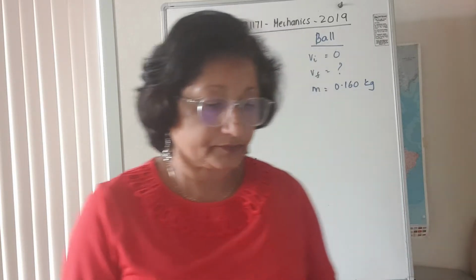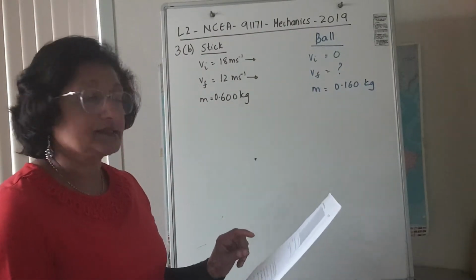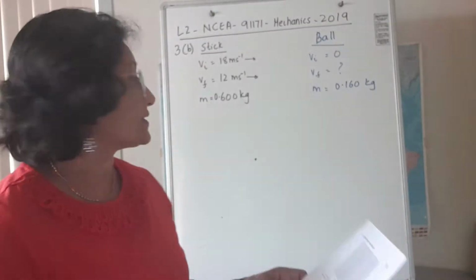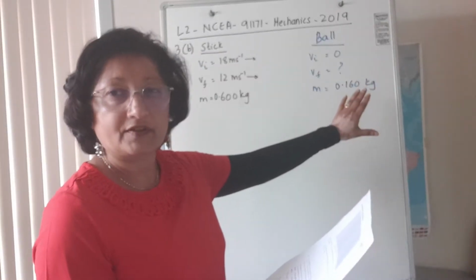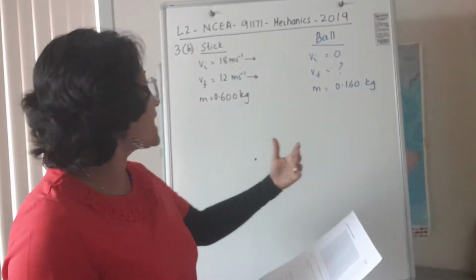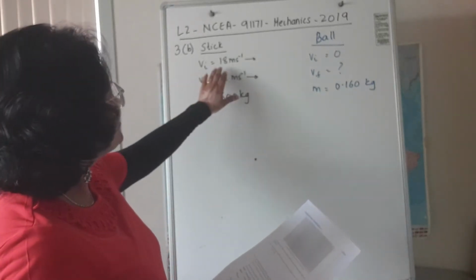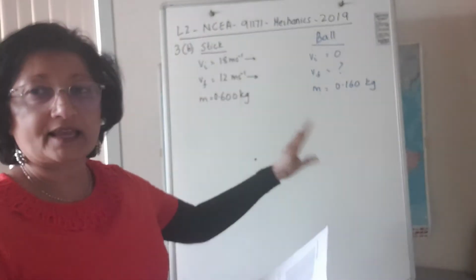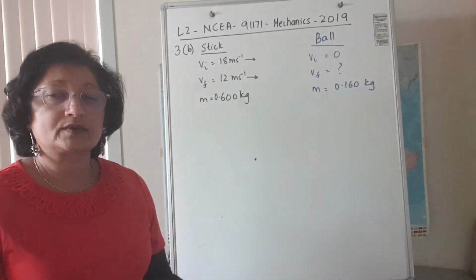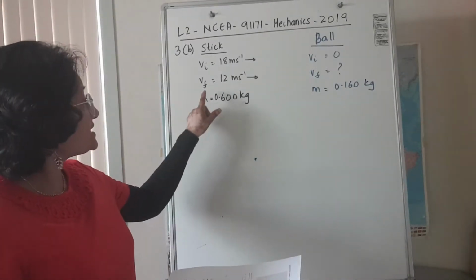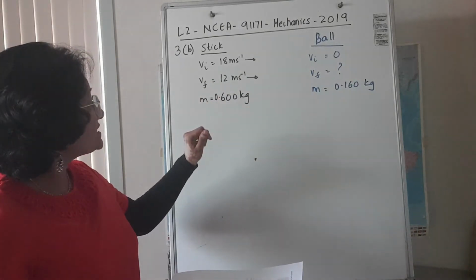Now, the thing is, the ball's stationary to start with, okay? So what I've done is I've just written some information separately for the stick and the ball. So the initial velocity of the stick is 18 meters per second and it's going forward. The final velocity, the stick carries on moving forward after hitting the ball, so that's 12 meters per second.